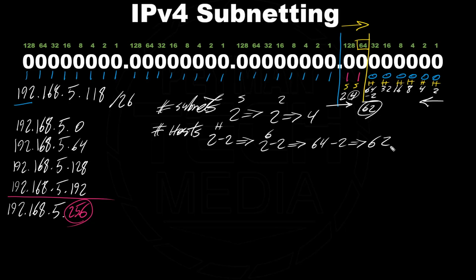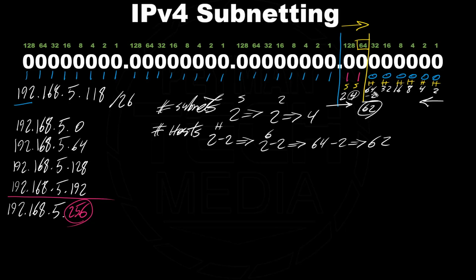So again, we can use this method going from left to right, starting with number 2 at the bottom to 4, and this is the number of subnets. And then from here, going from right to left for the number of hosts, starting with 2, 2, 4, 8, 16, 32, 64, and always minus 2 to get the available IP addresses. So we get 62. And again, we do the minus 2 because of the network address and the broadcast address.